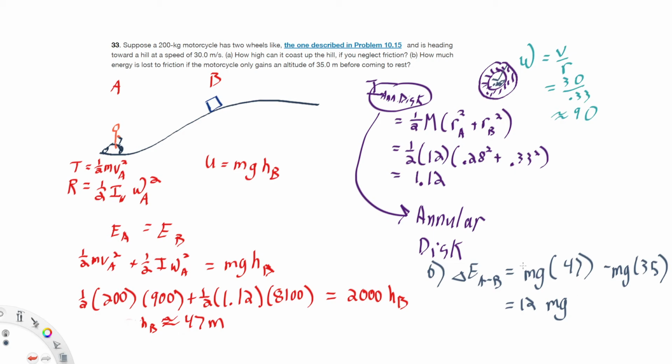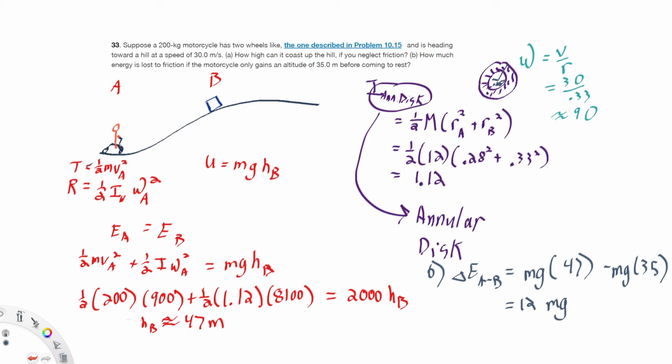Why did I use this formula for change in energy? I could have definitely written down 1/2 mv squared plus 1/2 I omega squared. But all of our work in red was to show that actually the sum of these two things is just equal to mgh_b.